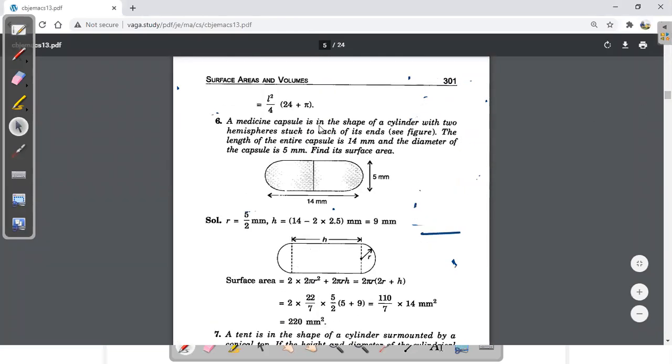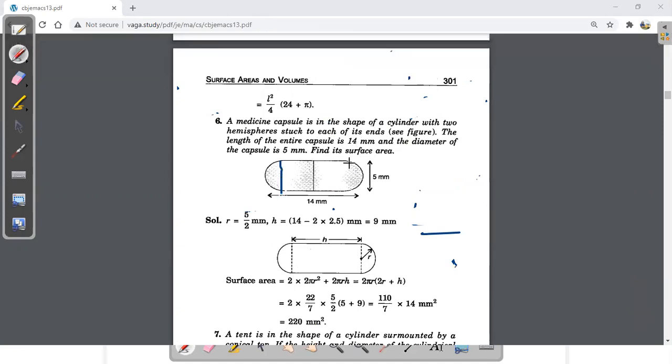A medicine capsule is in the form of a cylinder here with two hemispheres. We have two hemispheres here, and it's easy if we demarcate these hemispherical portions. So this is actually a cylinder from here to here, and the two ends are hemispherical, and the total height from here to here is 14.